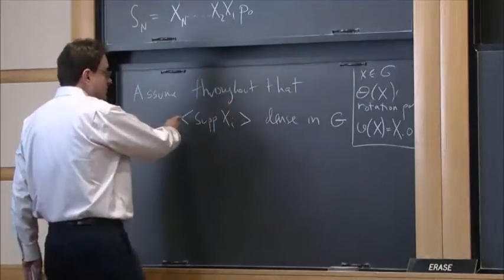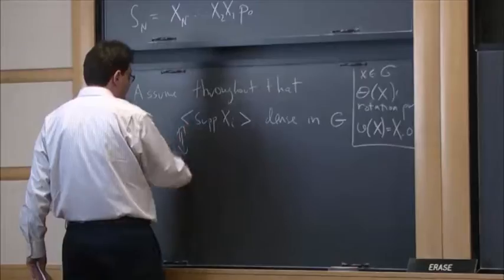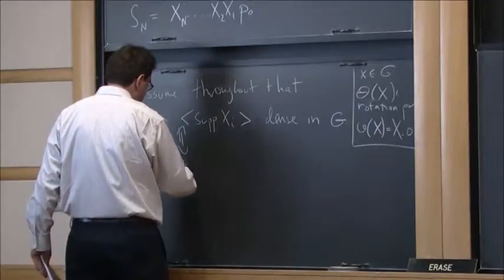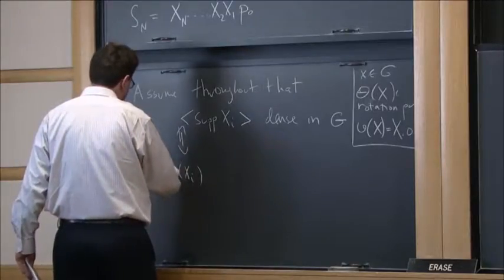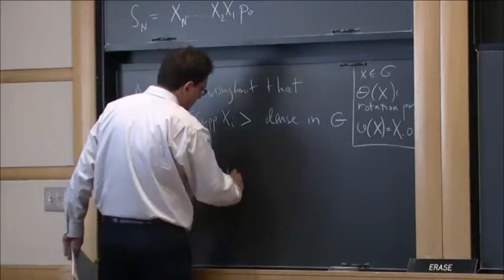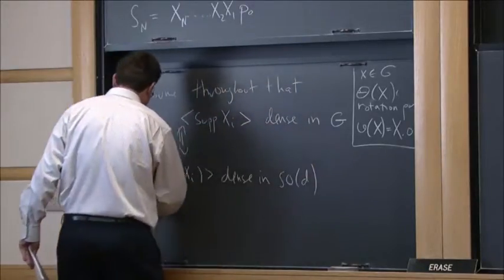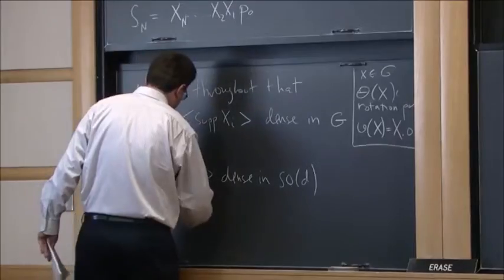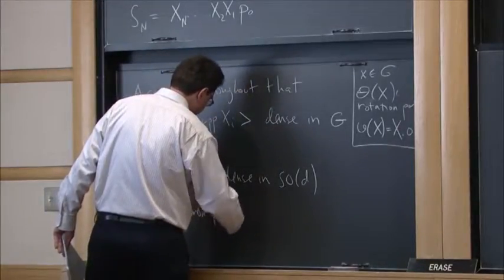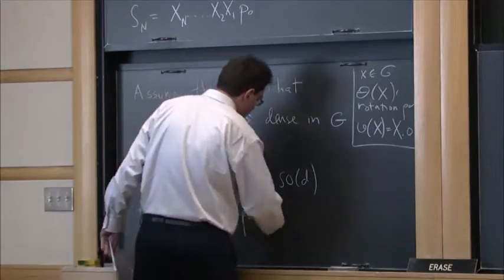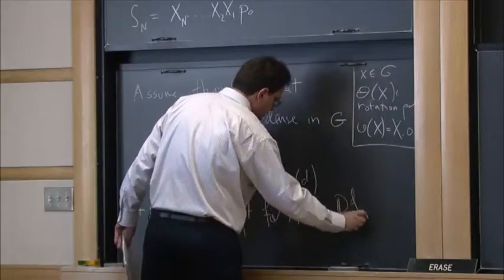So this assumption that the support is dense is basically the same thing as saying that if I just look at the theta part, at the rotation part, it spans a dense subgroup in SOD, and in addition, no common fixed point for all of these xi in Rd.